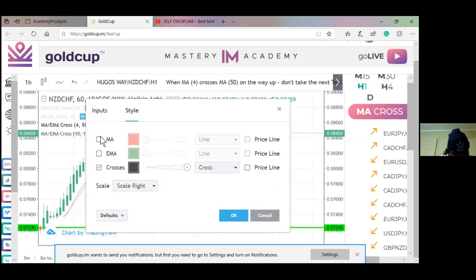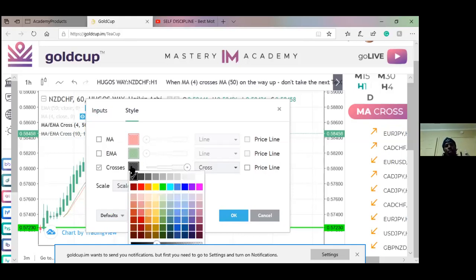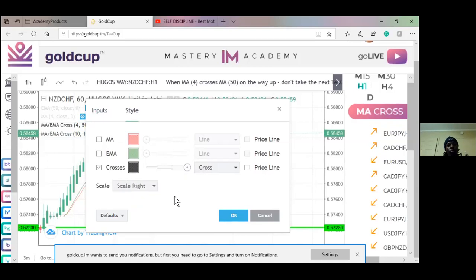Then we gonna just check crosses and bring the thickness up and change the color to black. Scale right, and then that's it.